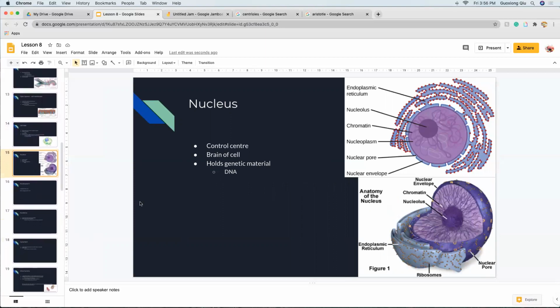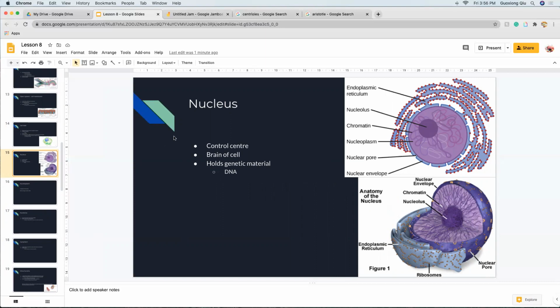So the nucleus, it is the brain of the cell. It controls what the cell does. It contains the genetic material of the cell, which is the DNA, or deoxyribonucleic acid for those of you interested. This is an image of a nucleus, this big circle thing, and this is just stuff inside the nucleus.